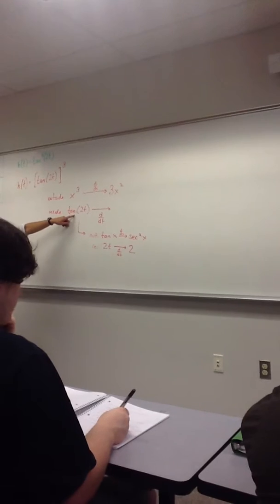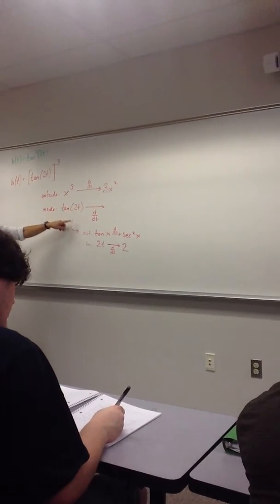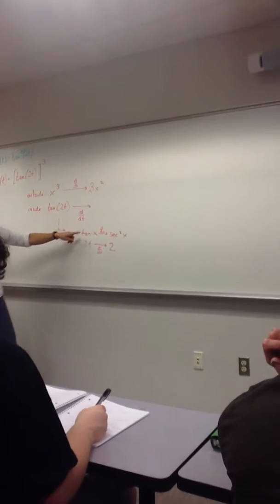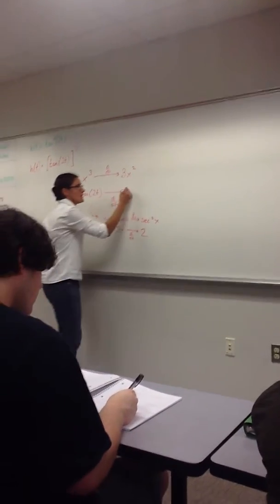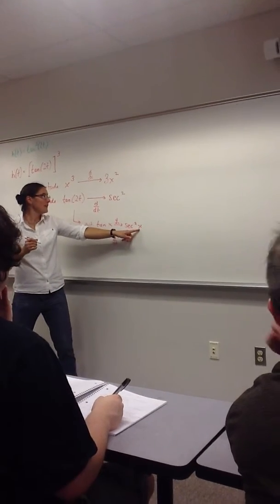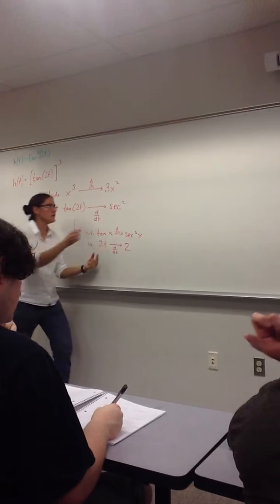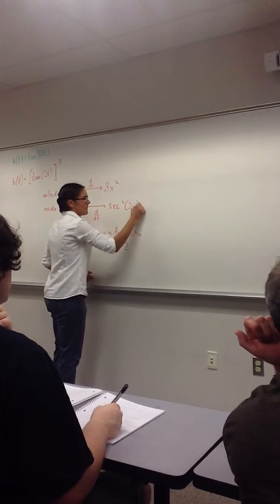So let's see here. For our inside function of tangent of 2t, we're going to take derivative of the outside, keeping the inside the same. So we've got secant squared of our inside, which is 2t. So secant squared of 2t.